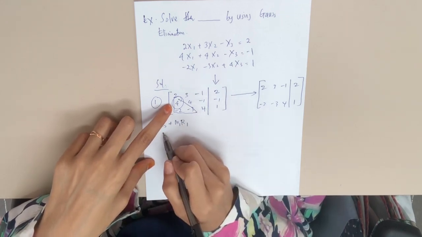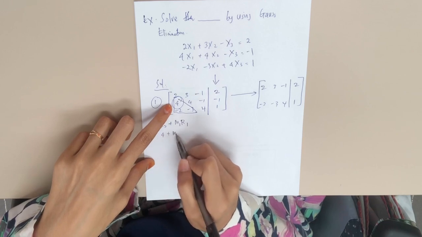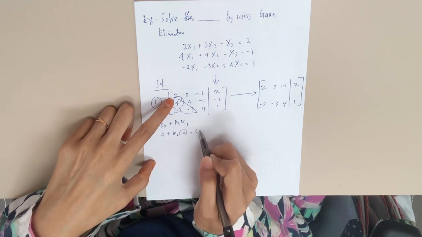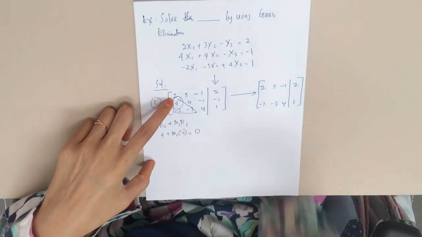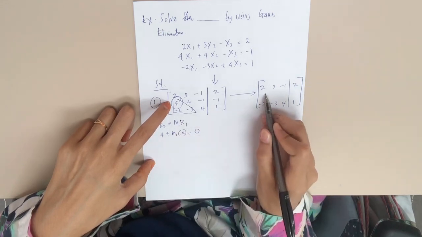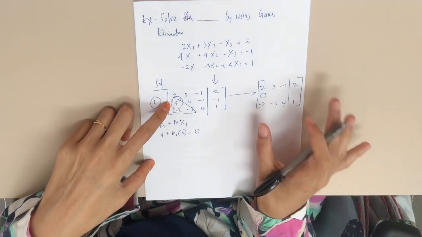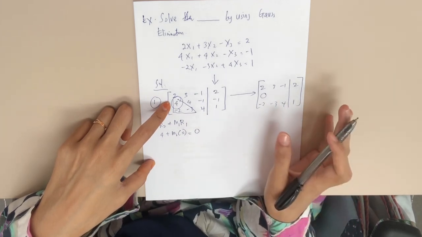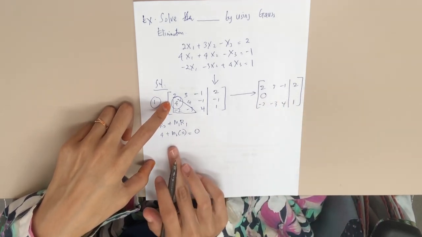So your R2 here is 4 plus M1, R1 here is 2, and our objective is to make 4 become 0. So you can write 0 here. For the rest you cannot write anything yet, because it depends on your M1.